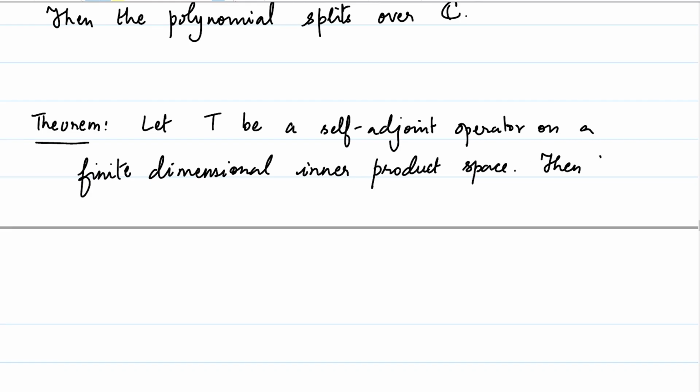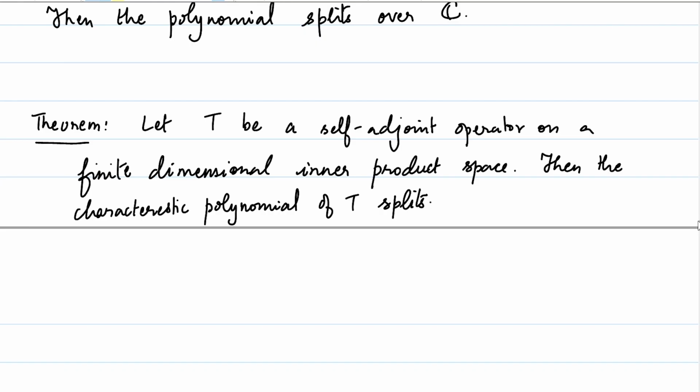Then the characteristic polynomial of T. So recall that the characteristic polynomial of a linear operator is basically the characteristic polynomial of one of the matrices corresponding to T with respect to some basis. Of course, this is well defined because the characteristic polynomials of similar matrices are the same, and therefore a change of basis matrix will not alter the characteristic polynomial. And this theorem says that the characteristic polynomial of T splits.